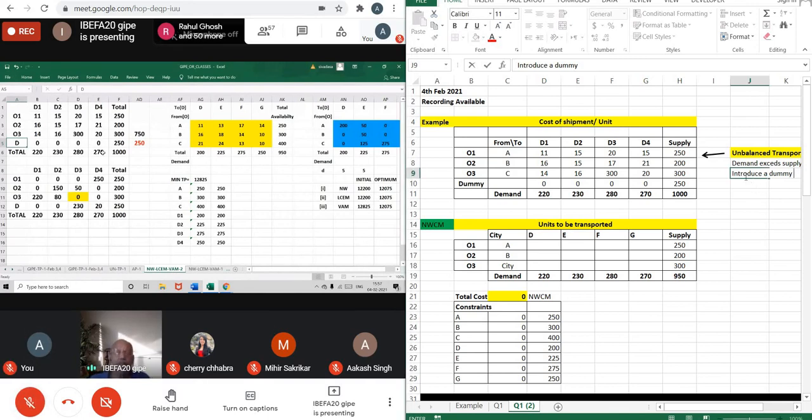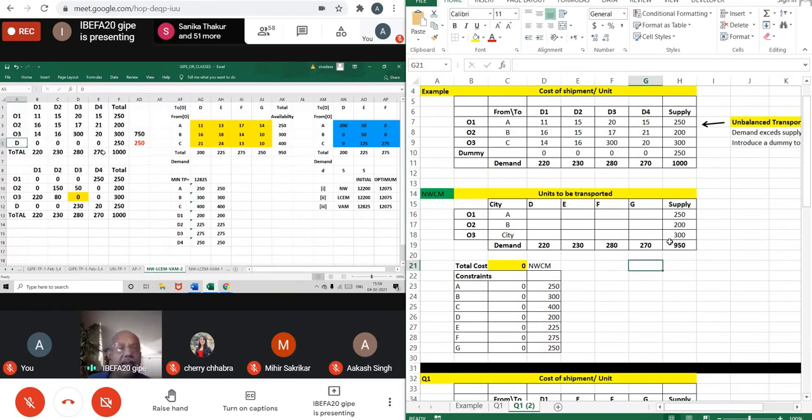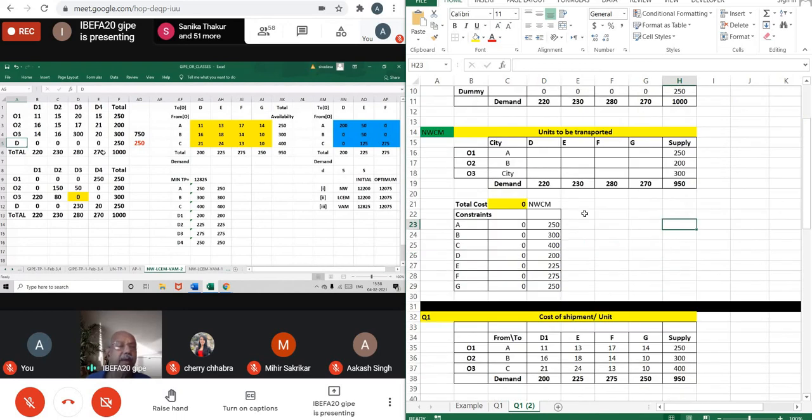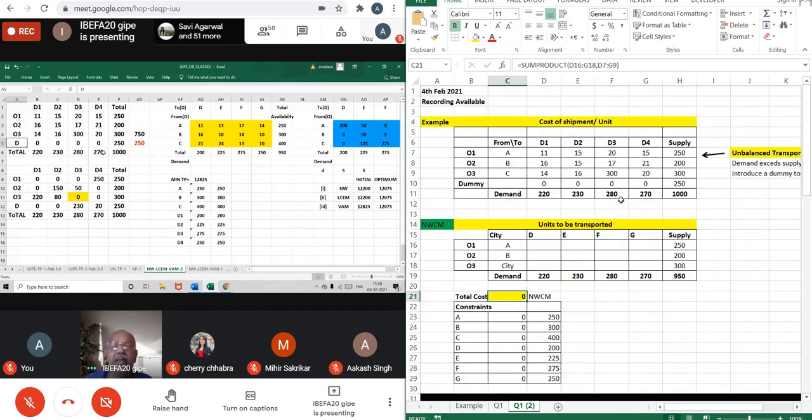Dummy consumer. Therefore, in both the cases, you want a dummy center or a dummy customer. And that makes the TP balanced. Once you make the TP balanced, then you know how to solve it.